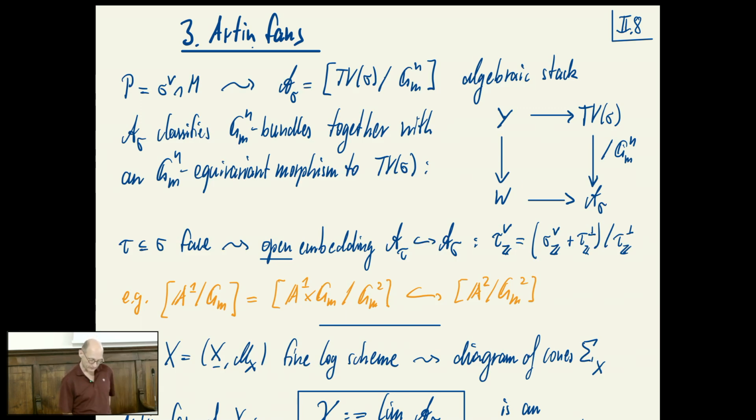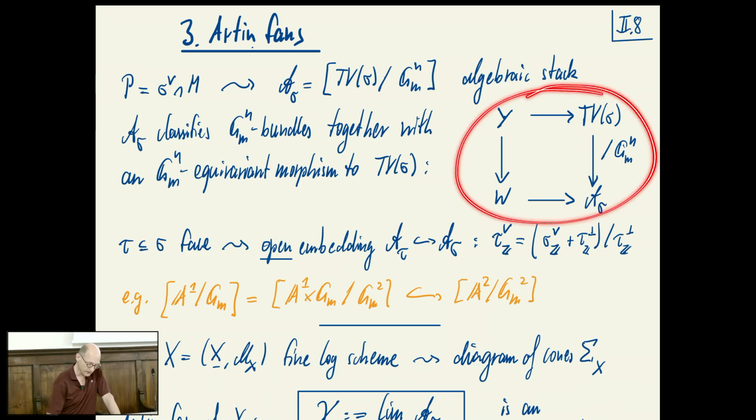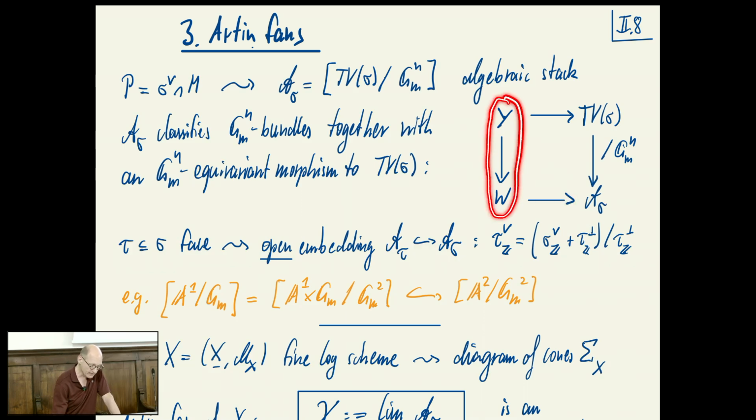You have to fix a scheme W. And then it classifies diagrams, so the objects of your stack over W are as follows. You have a G_m to the N bundle, Y over W, together with a G_m to the N equivariant map to the toric variety of sigma. So this is what the stack classifies.